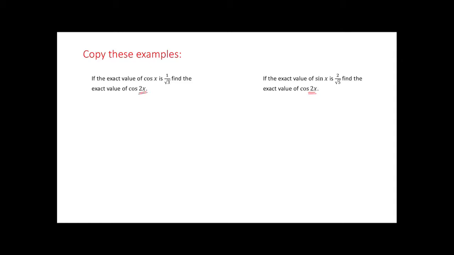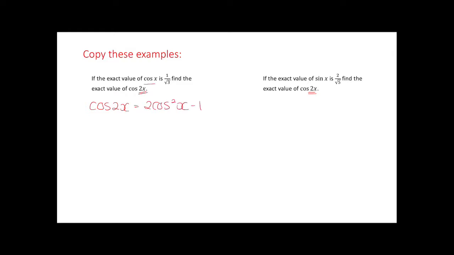Now this question only refers to cos x, we don't have any sin x, therefore that wouldn't be a suitable expansion because we don't know how to get the sin squared x. Similarly, 1 minus 2 sin squared x wouldn't be appropriate in this example because again we don't know the sin x value. So your only option, your only expansion that you can use with this one is that cos 2x is equal to 2 cos squared x minus 1.